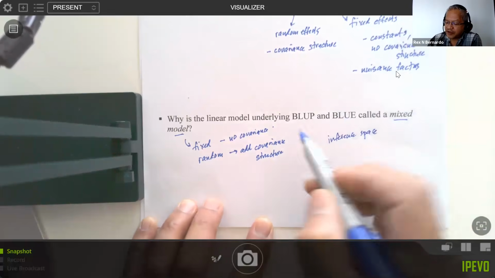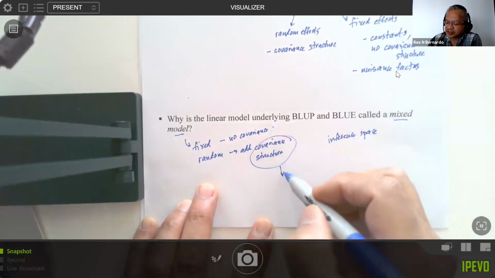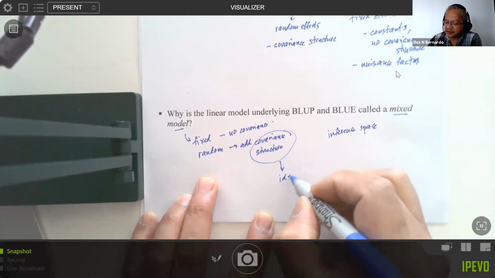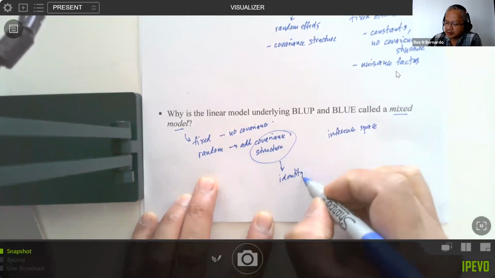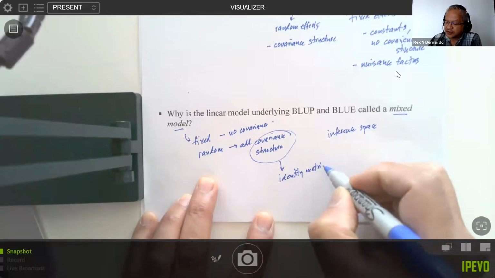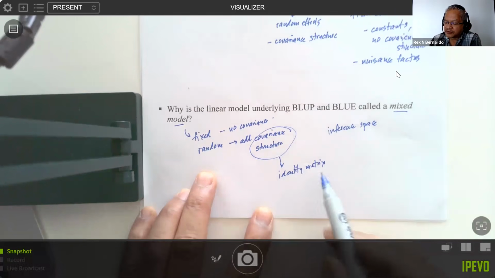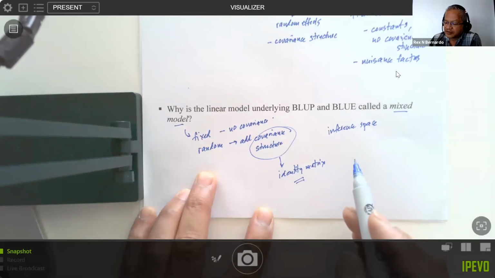And by the way, it is possible that this covariance structure could simply be an identity matrix, meaning a 0 covariance with other environments, just to make that clear. And oftentimes, as we see for the random errors, for example, it is an identity matrix.